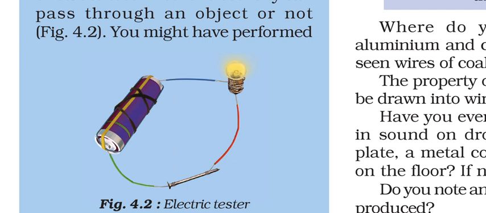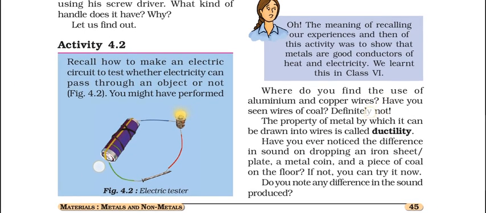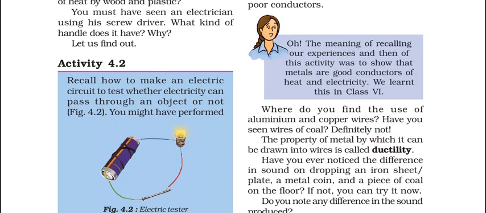When you connect the iron nail, you see that the bulb is going to glow, but if you put some wood or plastic, then the bulb is not going to glow. It means that metals are very good conductors of electricity, but non-metals are poor conductors of electricity.